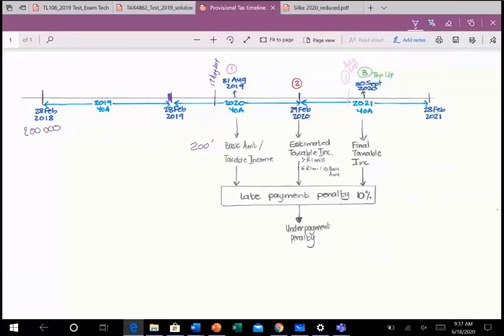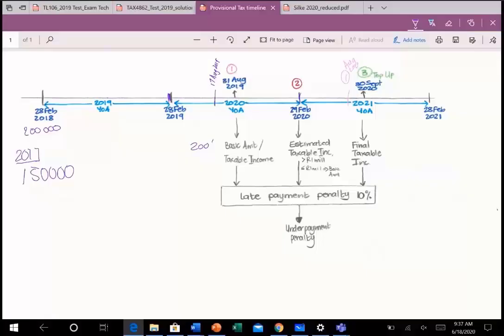Now, assuming we haven't received 2018, but we've got 2017's, and 2017 said we had 150,000 taxable income in our assessment. We can use the 2017 assessment, but we have to increase it by 8% for every year.